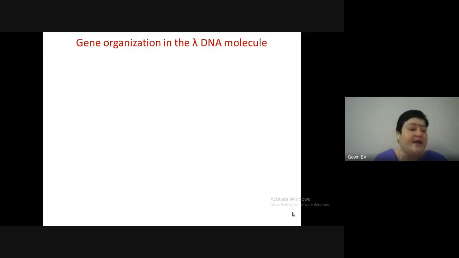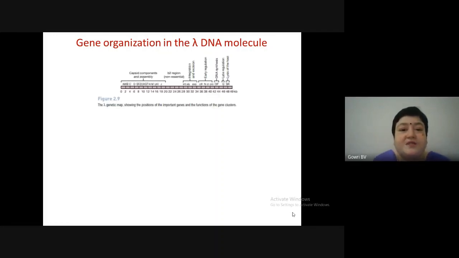Now we are going into greater detail of the lambda DNA molecule as a vector molecule. Gene organization in the lambda DNA molecule. So this is the lambda genetic map which you need to know, showing the position of important genes and functions of the gene cluster. Before going to the picture, we will come down for description, then go to the picture above.